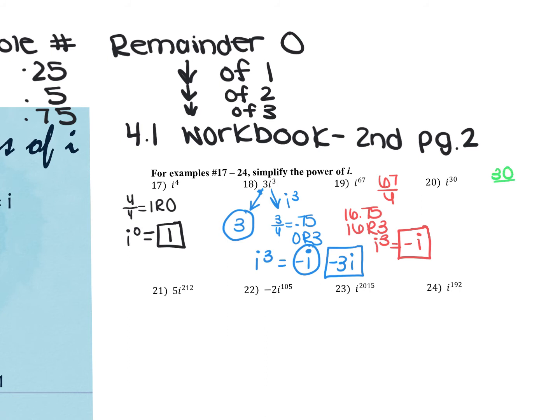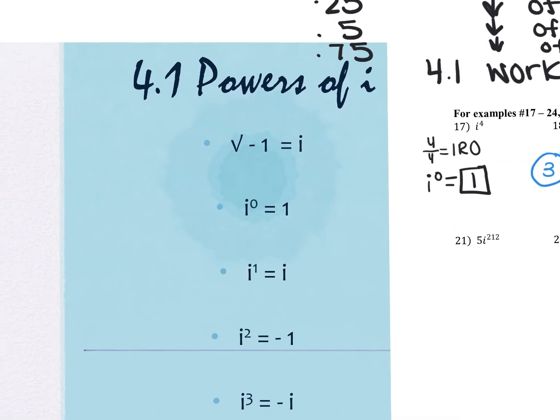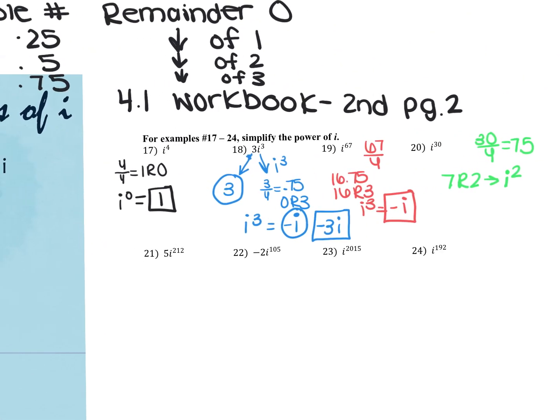Take your exponent of 30 and divide it by 4. We get 7.5. That means that it goes in 7 times with a remainder of 2. So the new exponent on my I is going to be I squared. Go over to my little cheat sheet here, and I squared is equal to negative 1.